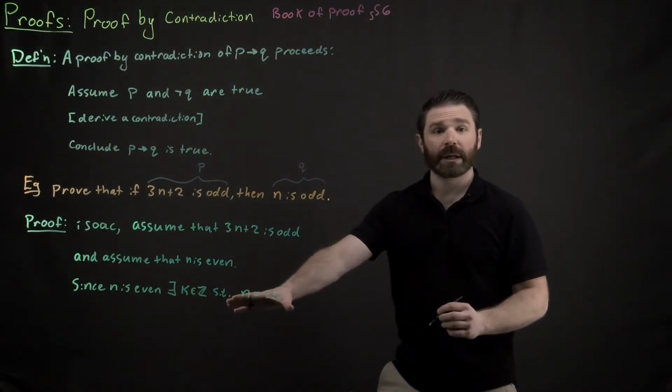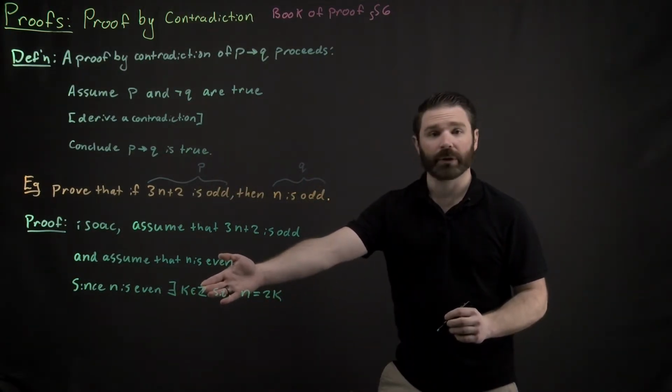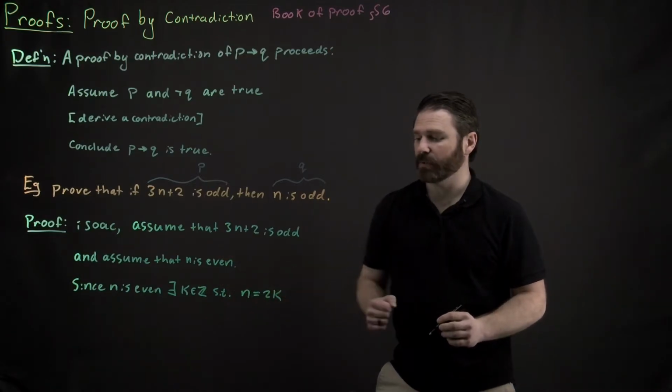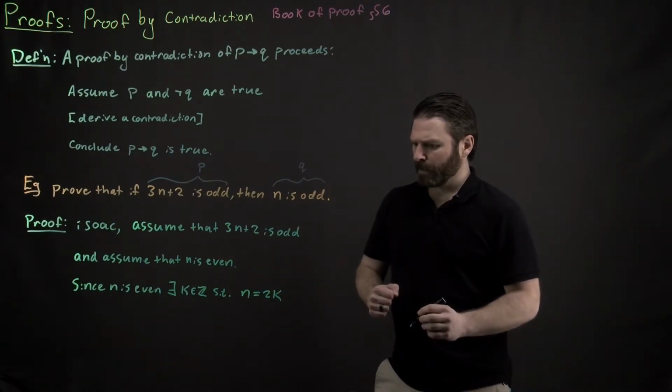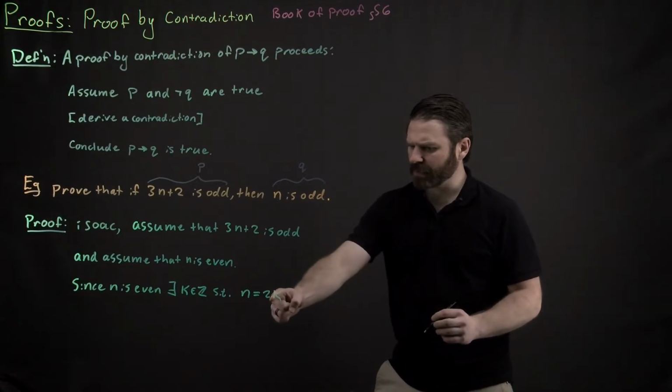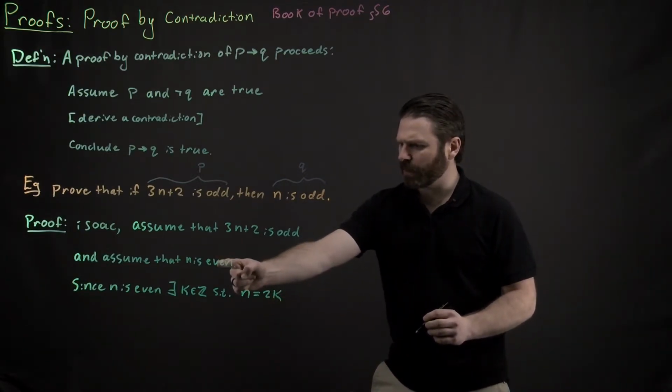So by definition, since n is even, there exists some other integer k such that n equals 2k.